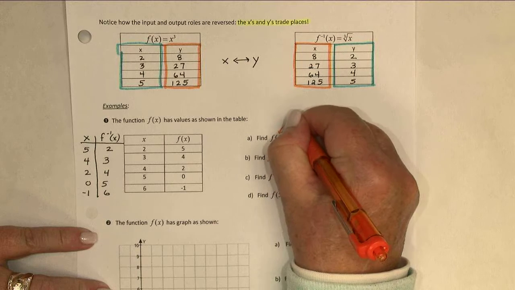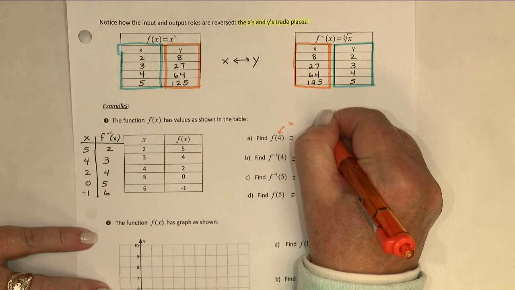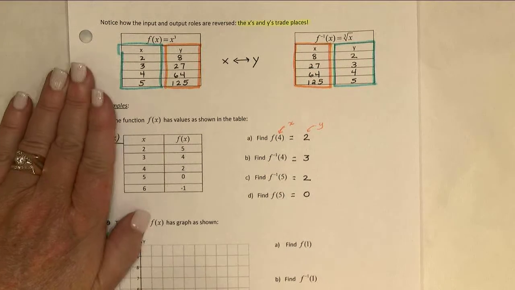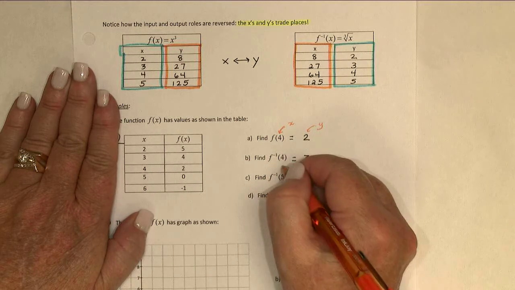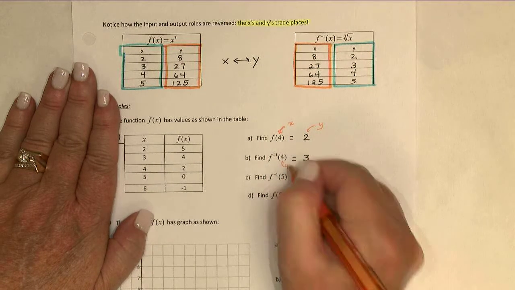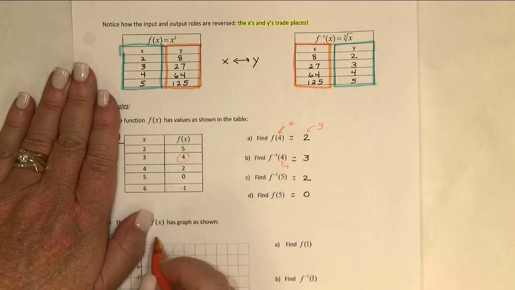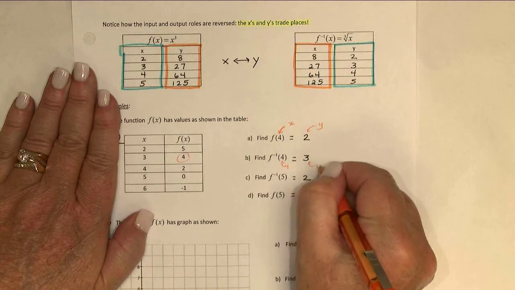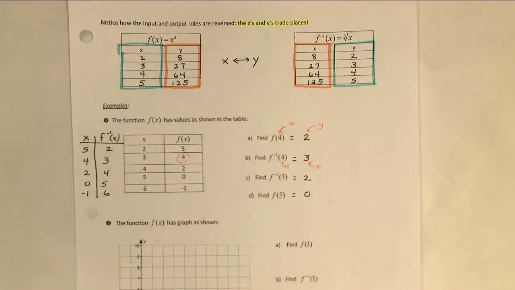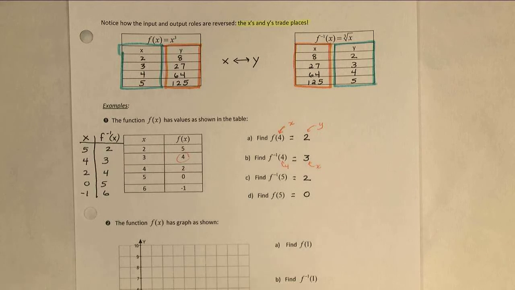If I were to use the same table with the inverse, I could have simply thought of that as the y value, 4, and gone back to the x value of 3. So if you prefer not to write out the separate table, it's certainly possible to simply use the given table backwards in order to solve the inverse questions.